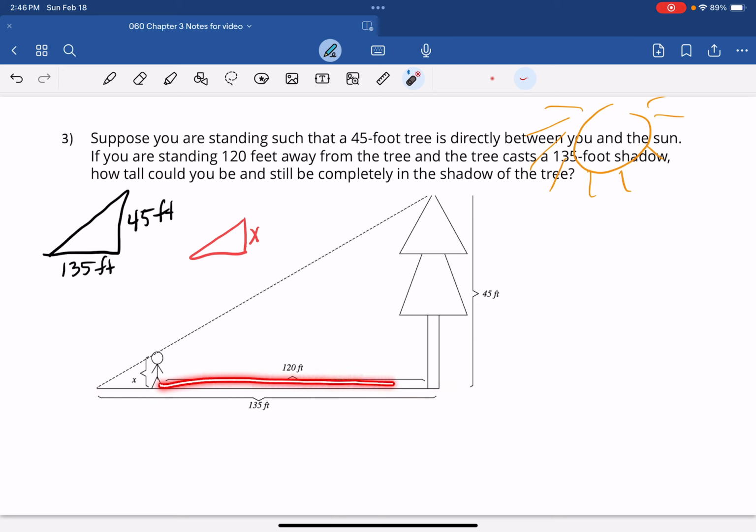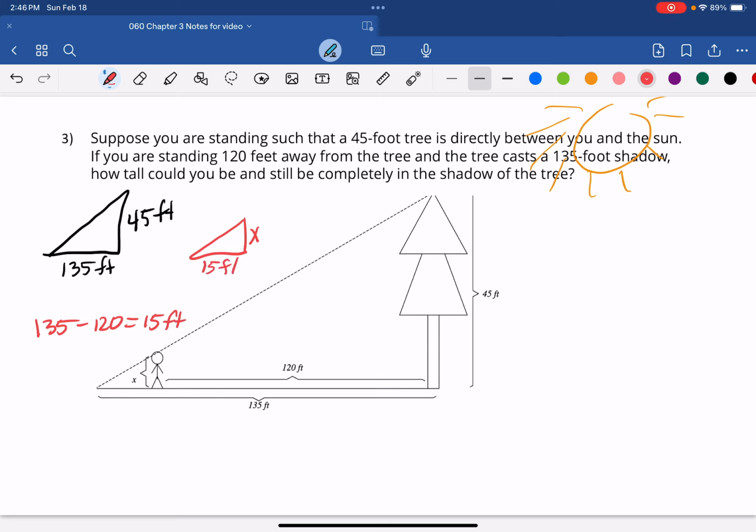And we are 120 feet from the tree, which means if we want our shadow to end where the tree shadow ends, we want to make up the difference between the 120 and the 135. So if I do 135 minus 120, this is the length of what our shadow should be.